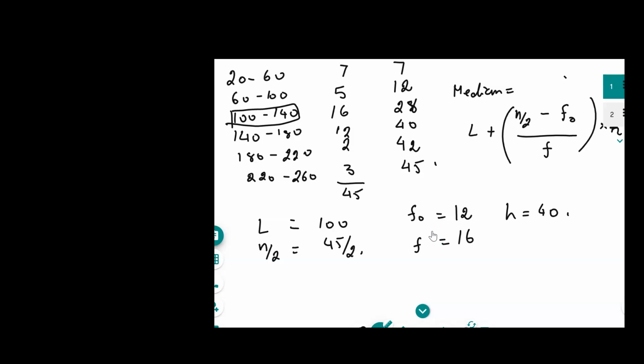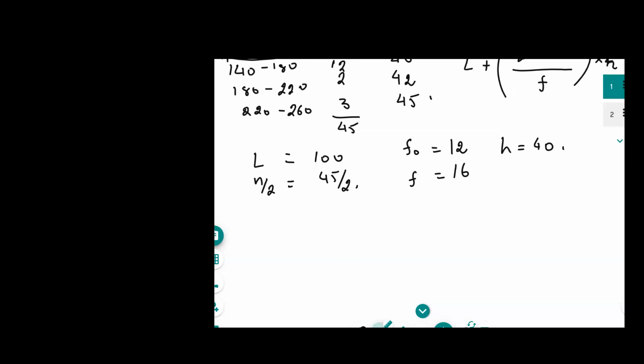Now substituting the values, we get, the lower limit of the median class is 100 plus 45 by 2 minus 12 divided by 16 times 40.